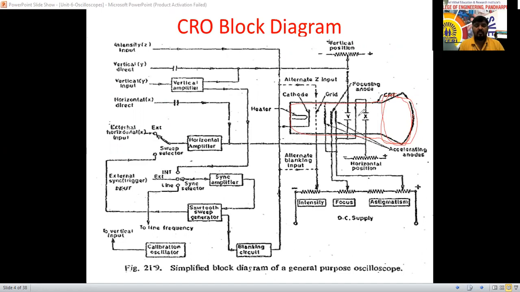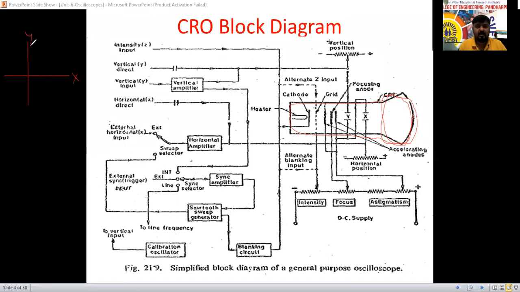The operation of this CRO mainly depends on the x-axis and y-axis. X-axis is horizontal, y-axis is vertical.